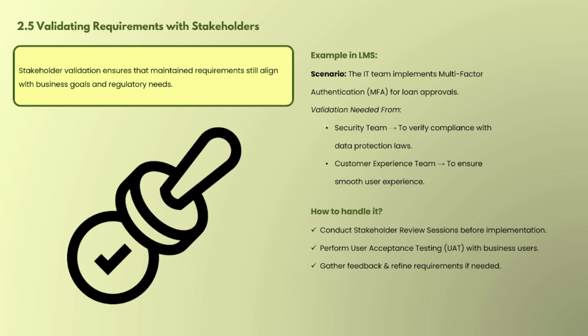How to handle this validation: conduct a stakeholder review session before implementation, perform user acceptance testing with business users, gather feedback and refine requirements if needed. So in this way we can validate the requirement with a stakeholder.